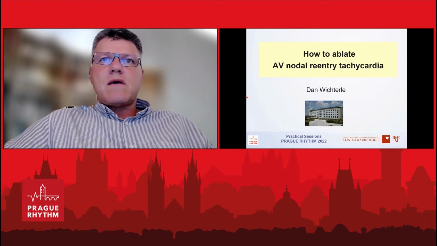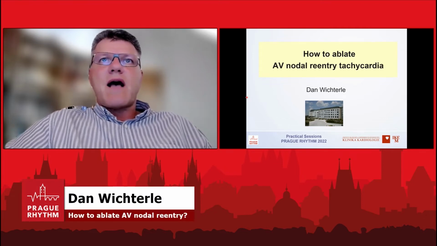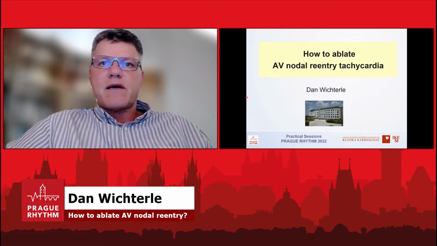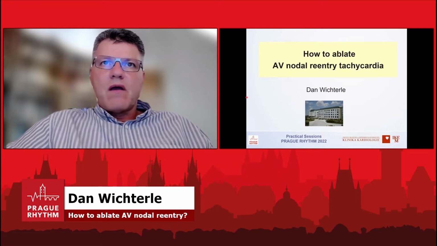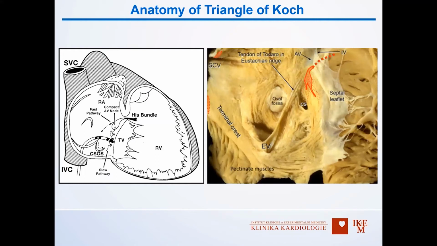Hello, my name is Wichterle, and my task today is to tell you how to ablate AV nodal reentry tachycardia. AV nodal reentry tachycardia is usually an easy target for ablation, but not in all cases.